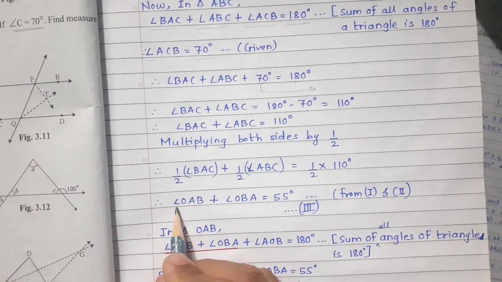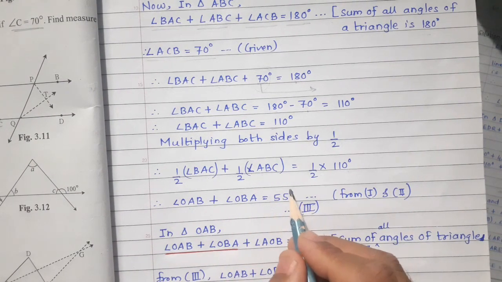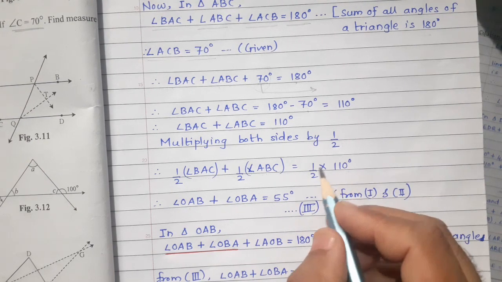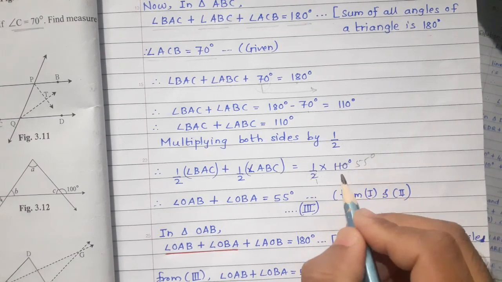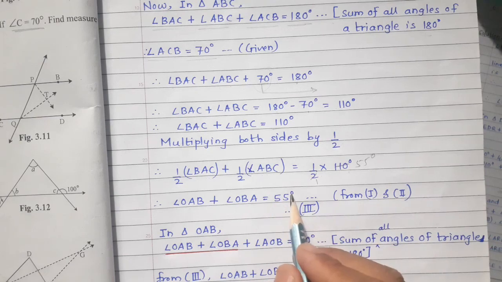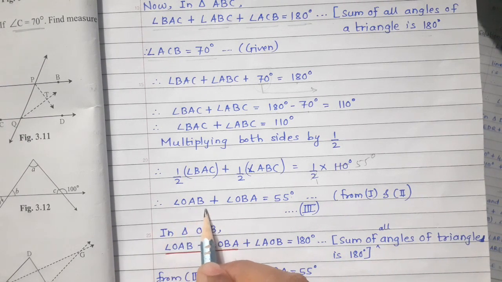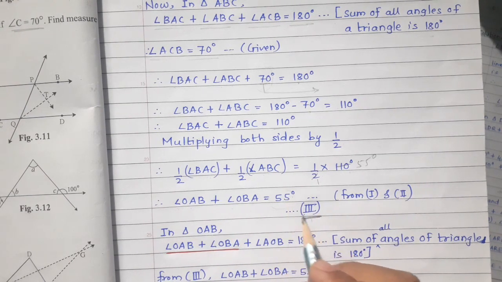Then angle OAB plus angle OBA is equal to 55 degrees, because 1 upon 2 multiplied by 110 degrees: 2 ones are 1 and 55 twos are 110, so we have 55 degrees. Therefore angle OAB plus angle OBA is equal to 55 degrees. Give it as equation number third.